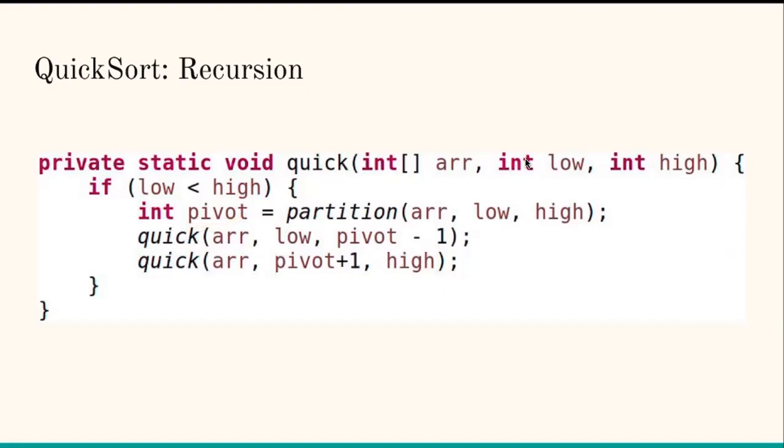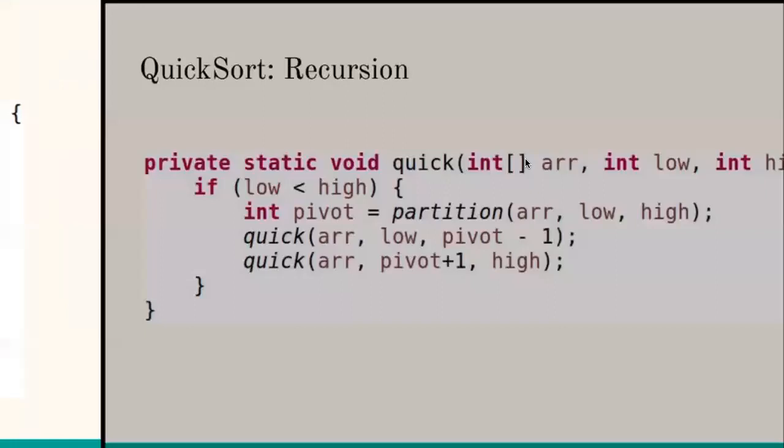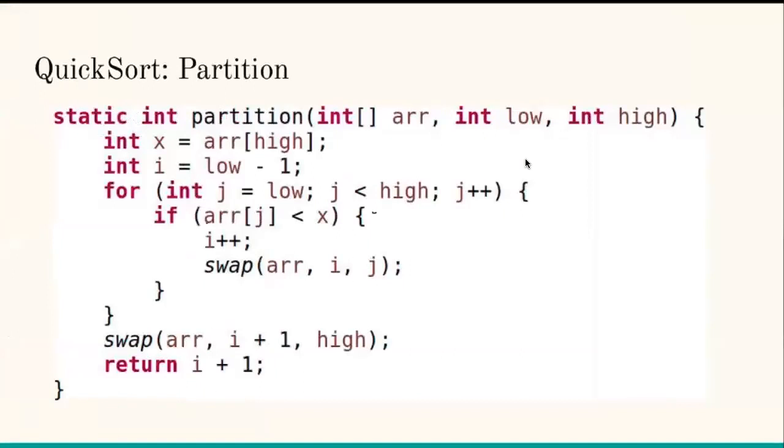So let's see how this partition function is done, because we said that this is in place. How does it work without creating extra memory? The partition function takes the array, the lower index, and the higher index. It will choose the last element in the sequence as the pivot.